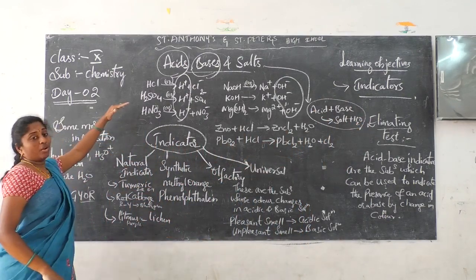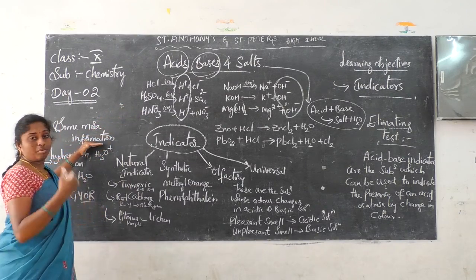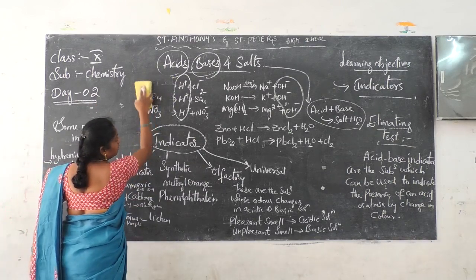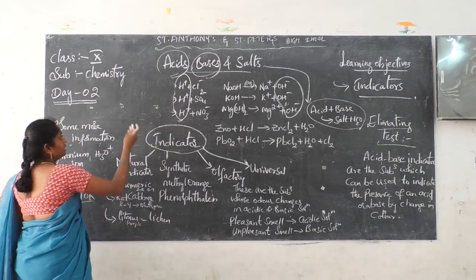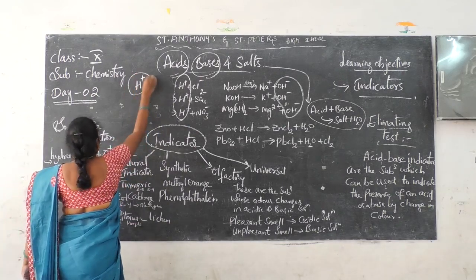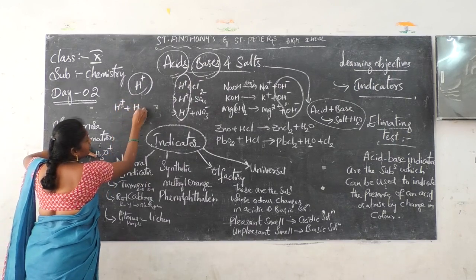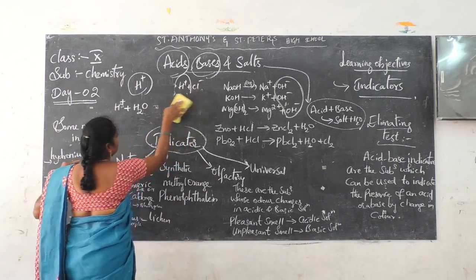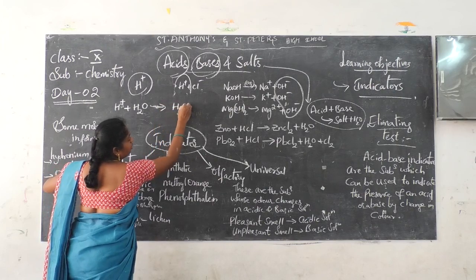Here, not only the splitting of H plus ions, we learn some more information about acids. You can see that the splitting of ions is taking place here. Already I said that the splitting of H plus ions is known as an acid. When these H plus ions dissolve in water, they change into H3O plus.